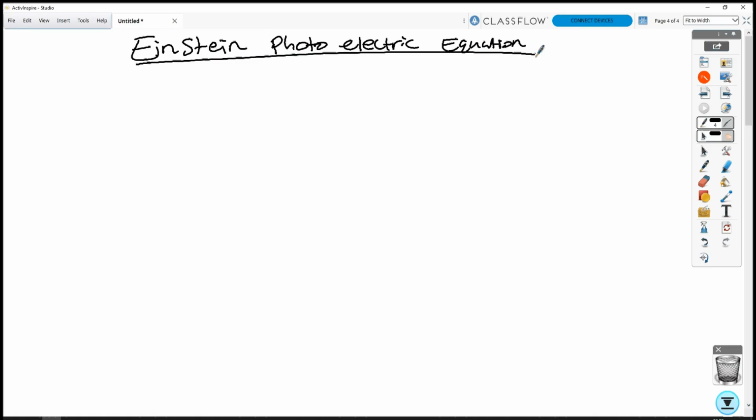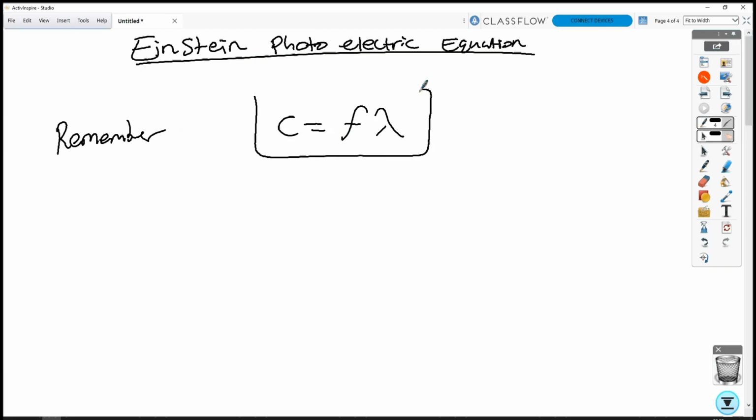So go back to previous knowledge that you've got about waves, and you recall the wave speed equation. c equals f lambda. So let's remember that c equals f lambda. This is the wave speed equation.